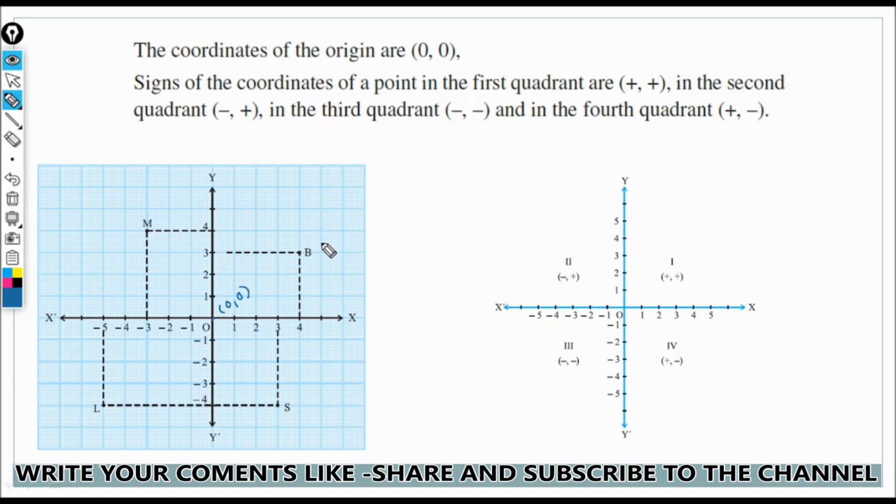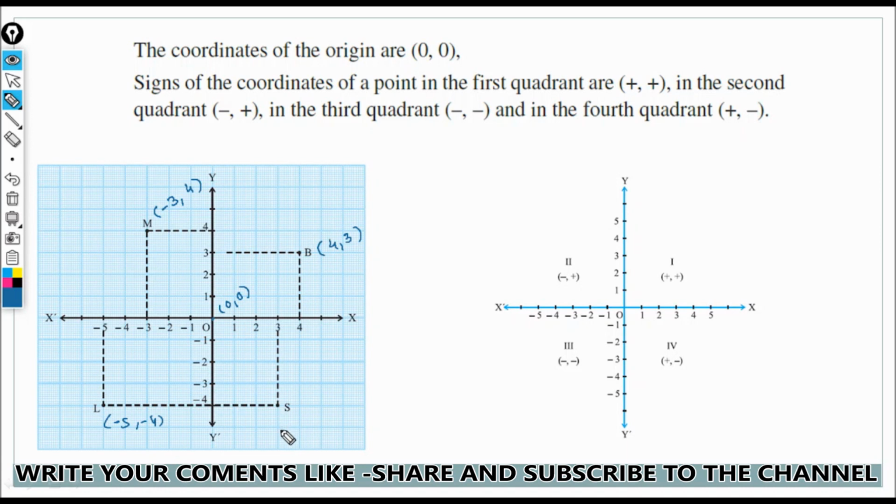For example, see here, B lies in first quadrant. Its coordinates are 4, 3. Both of them are positive. M lies in second quadrant. Its coordinates are -3, 4. So negative and positive. So coordinate of point L, x coordinate is -5 and y coordinate is -4. So both the coordinates are negative.